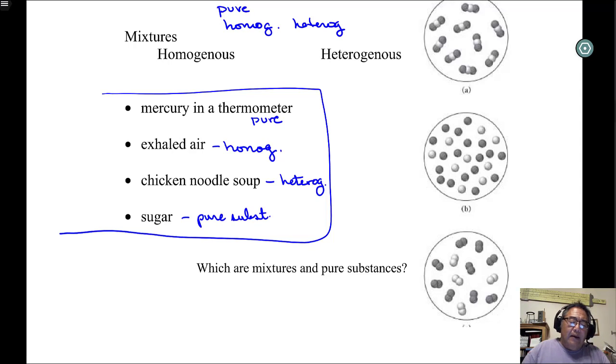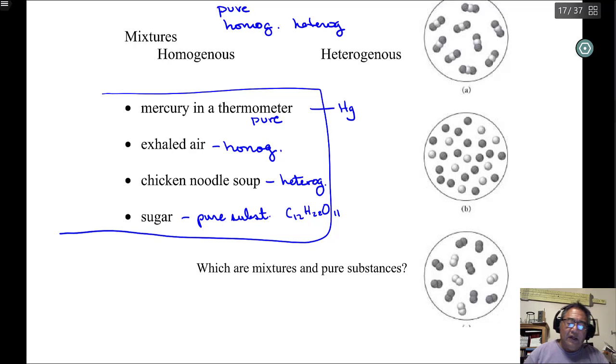Now, when we say sugar, like table sugar, it's C12H22O11, I believe. And the symbol for mercury is Hg.